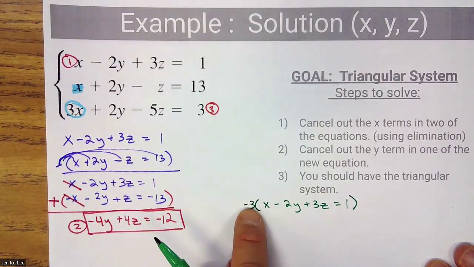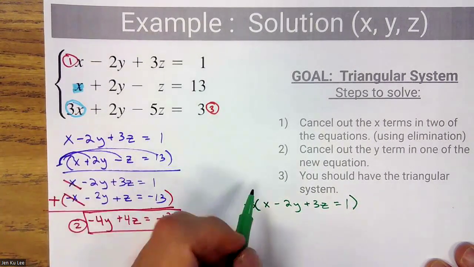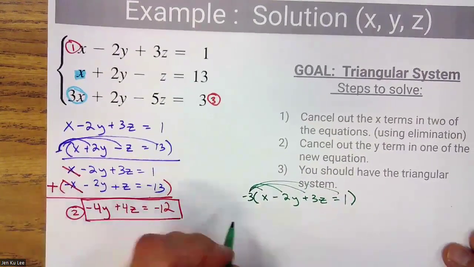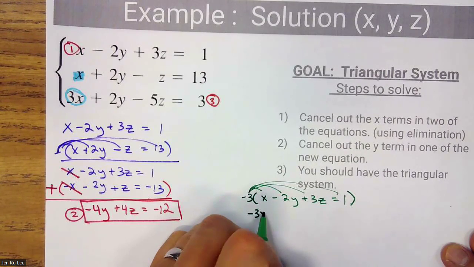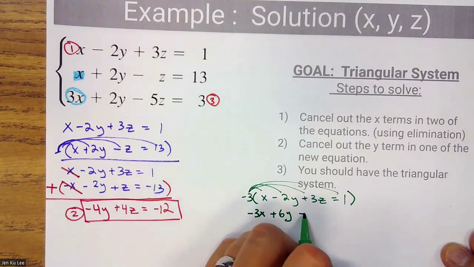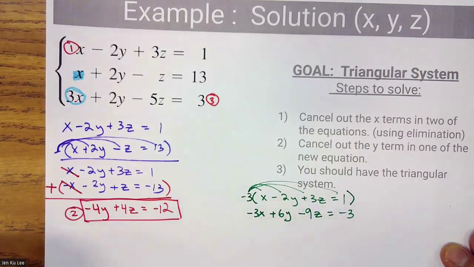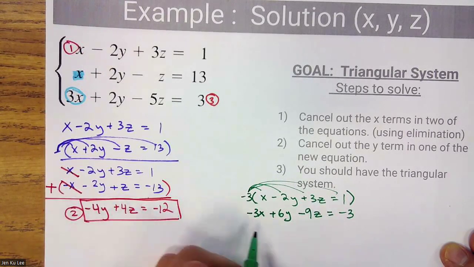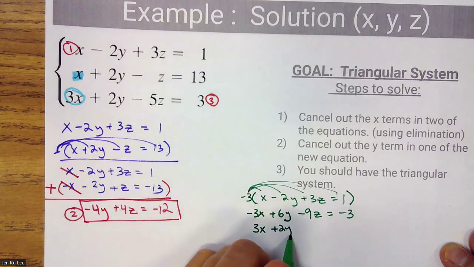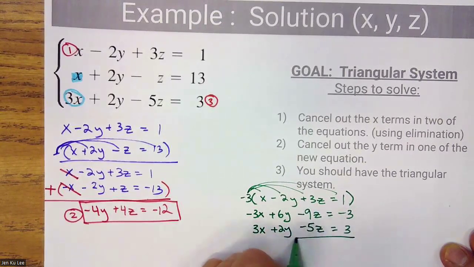There essentially would be negative 3x and positive 3x, so they would cancel out. I'm going to do this math first. I'm going to distribute out the negative 3. So that's negative 3x plus 6y minus 9z equals negative 3, right? And then I have my third equation, 3x plus 2y minus 5z equals 3.